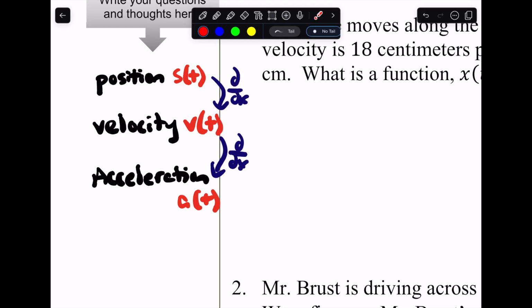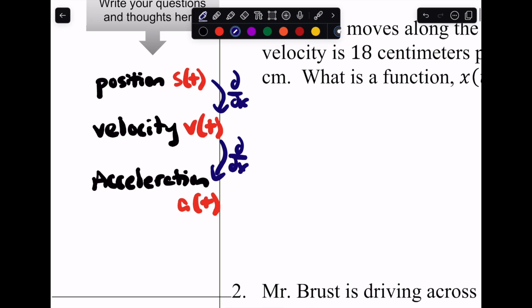Since this relationship is true going in terms of derivatives, we can work in the opposite direction with antiderivatives, aka integrals. If I have an acceleration function and I want to get back to velocity, I can take the integral with respect to time, and to go from velocity to position, I can take that integral with respect to time as well.